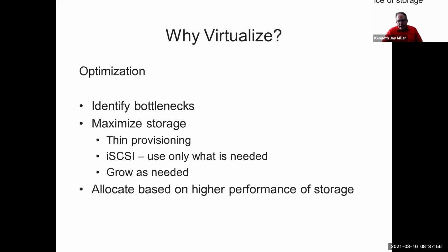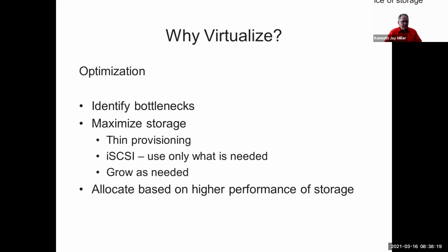Now, to optimize our environment, really, if we do the availability and the scalability properly, the downtime and the repair aspect, the "hey, this is down, can you fix it" calls, are going to subside.